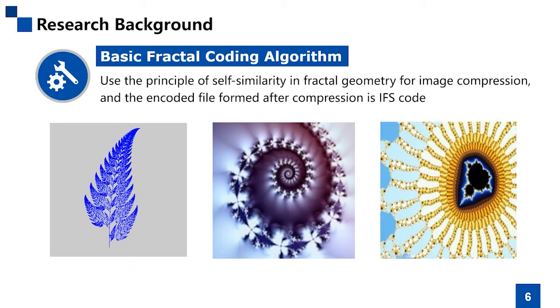Basic fractal coding algorithm. It uses the principle of self-similarity in fractal geometry to compress images. The encoded file formed after compression is the IFS code, and the data storage capacity of the IFS code is much smaller than the original image.